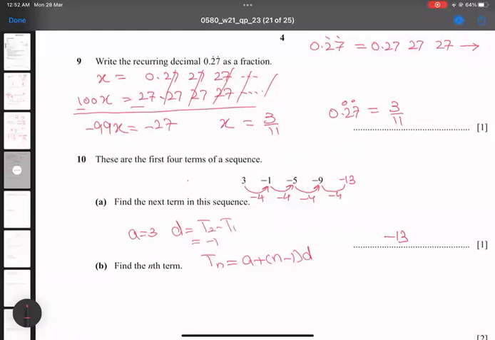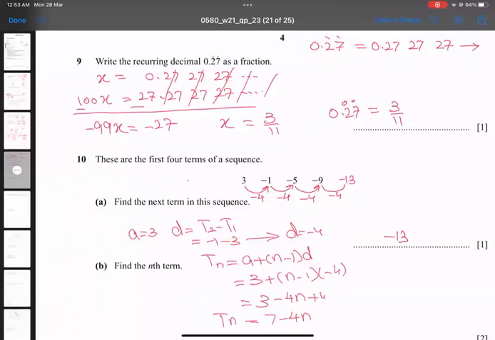T2 is -1 and T1 is 3. Ultimately, I got d equal to -4. I'm going to plug in all values: 3 as a, and d is -4, so 3 plus (n minus 1) times -4. Multiplying inside, minus 4 times n and plus 4. Ultimately, I got 3 plus 4 is 7, minus 4n. And this is my final answer of this part.